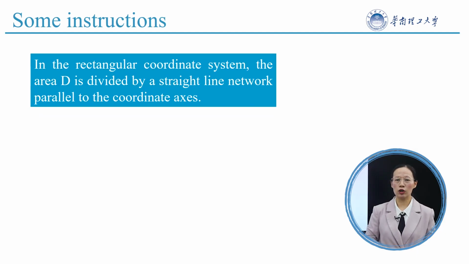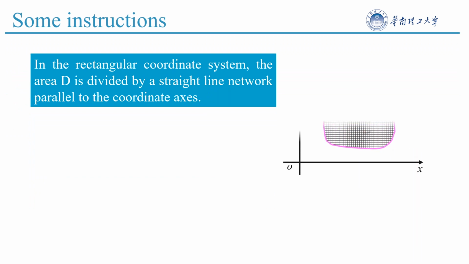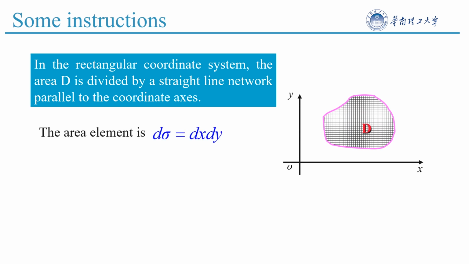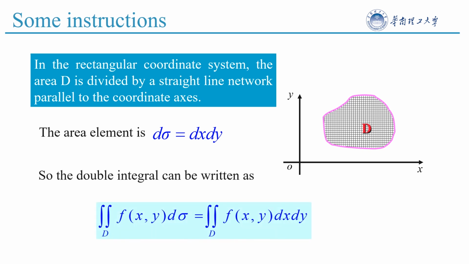In the rectangular coordinate system, the area D is divided by a straight line network parallel to the coordinate axes. The area element d sigma is equal to dx dy. So, the double integral can be written as this.